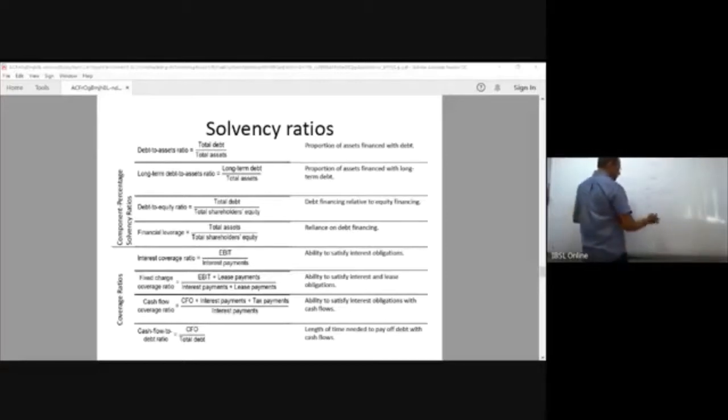So how much are they leveraged? 1000 divided by 500, so 2 times. Still, you will not be interested in lending, because that is too much leverage. 50% of your total assets you have borrowed. Leverage of 2 times, you will say that's high.